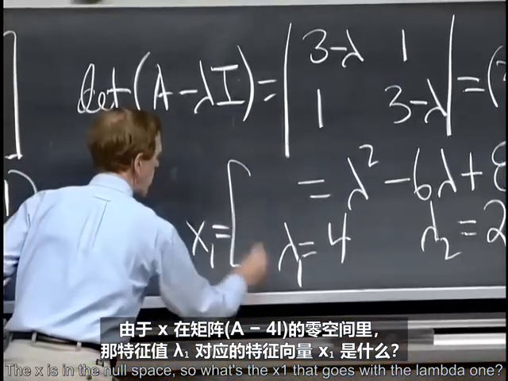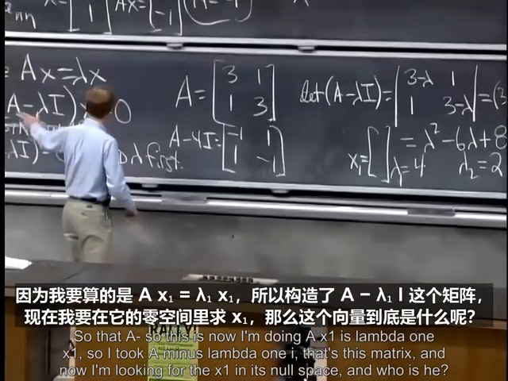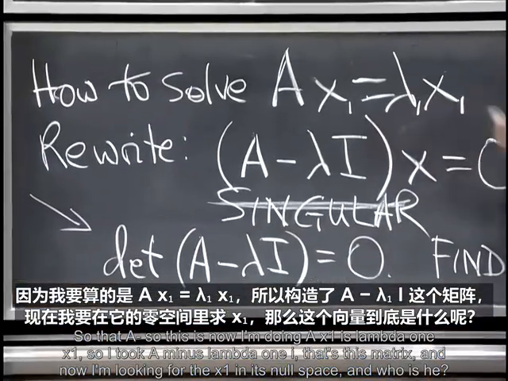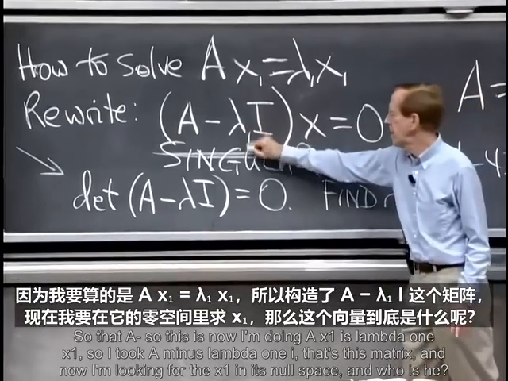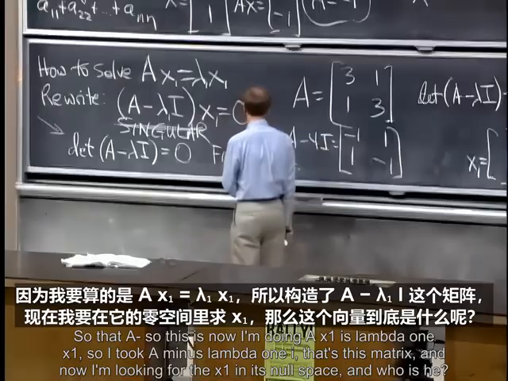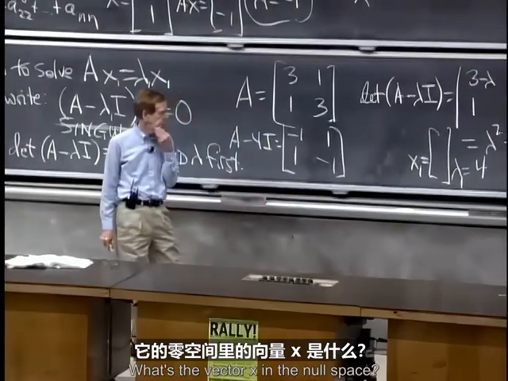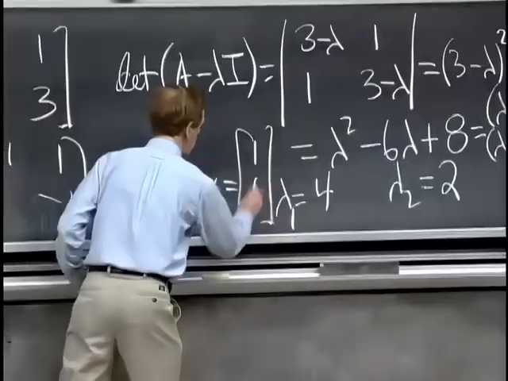Now I'm doing A x1 equals lambda 1 x1. So I took A minus lambda 1 I, that's this matrix, and now I'm looking for the x1 in its null space. What's the vector x in the null space? Of course, it's 1, 1.